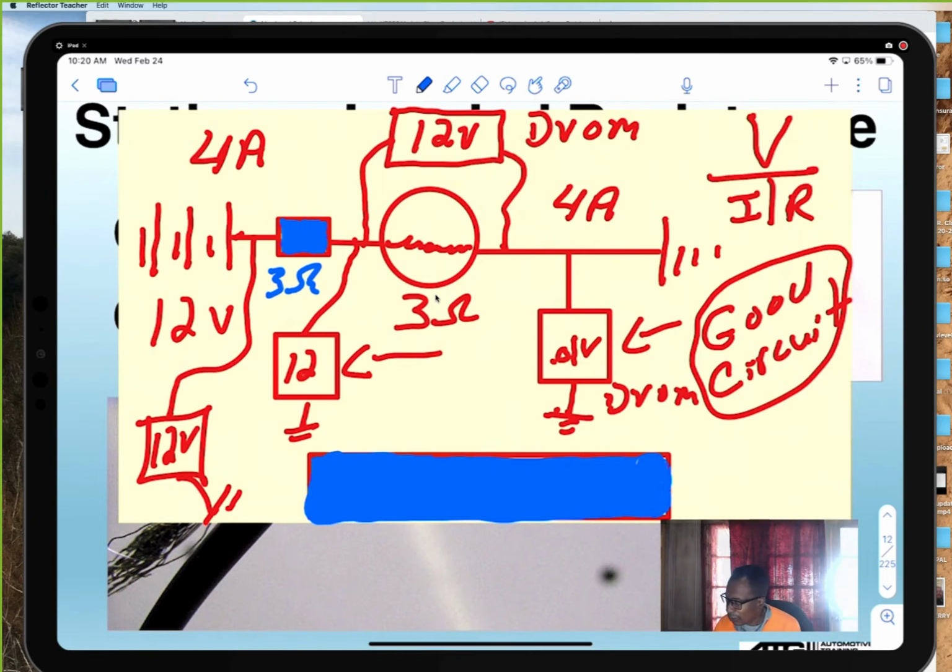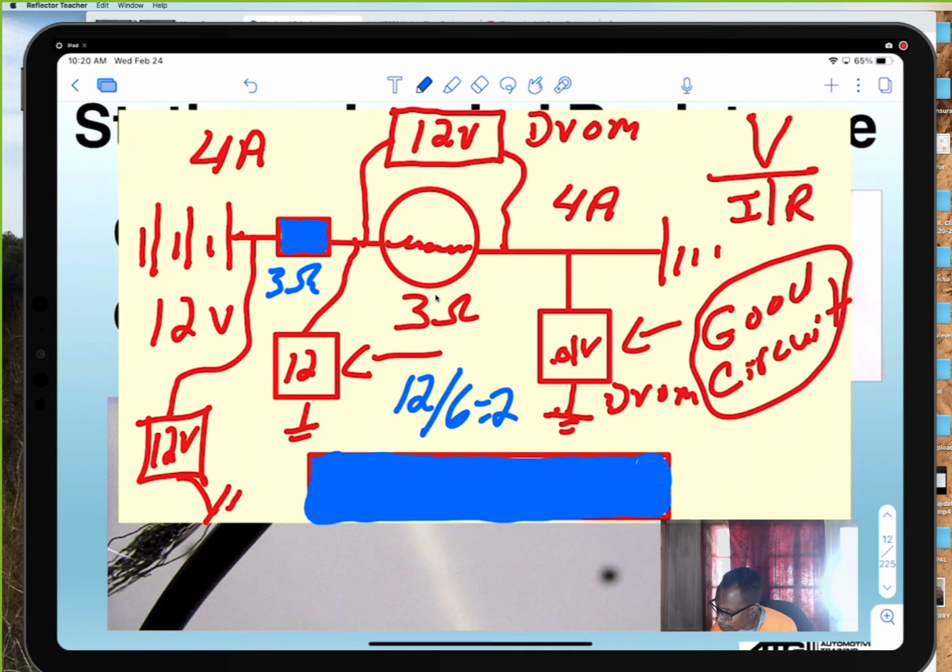Because the first thing he did was add up the resistors, which is 6. Okay. Now it's 12 divided by 6 equals 2.